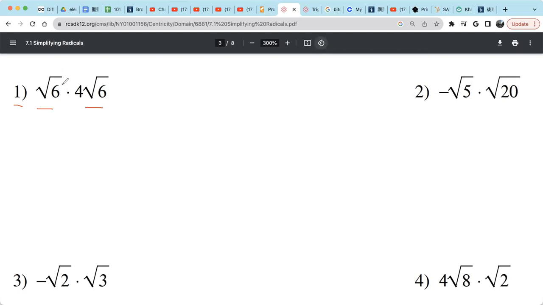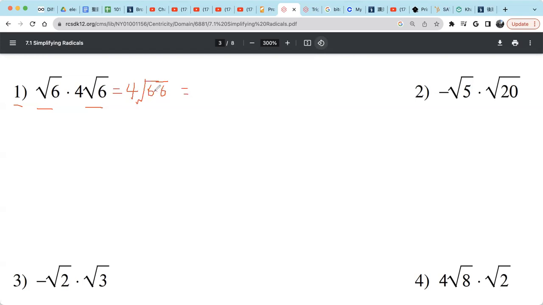Let's see number 1. We have 4 times square root of 6 times square root of 6. 4 is just a number, not a radical. But we have radical 6 times radical 6. Because both have the index square root, we can put them under one radical sign. 6 times 6 is 36, and the square root of 36 is 6.